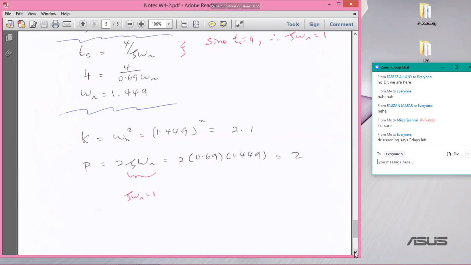E-learning says 2 days left. Yeah, it is approximately 2 days. I know that. 1 day today and 1 day tomorrow. That's 2 days left, right? It's due on Thursday. You have a full day Thursday, and then you have today. There's 2 days left.